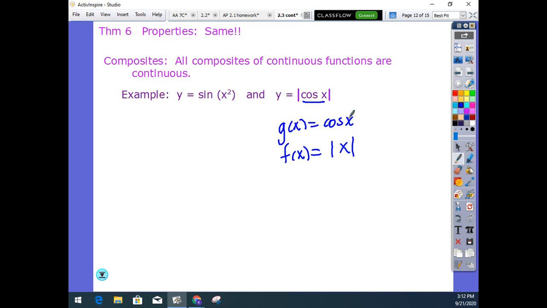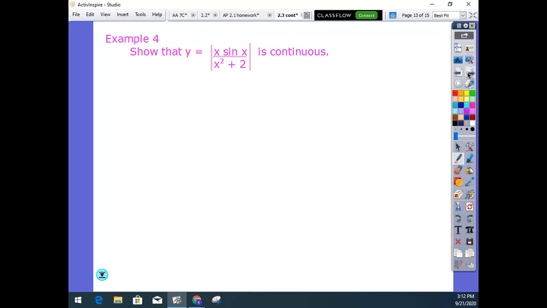So if each of these are continuous separately, if we plug them into each other, that will also be continuous. And this is the same thing. This is just breaking it apart by multiply, divide, add, composite. If all the pieces inside are continuous, then it is continuous.